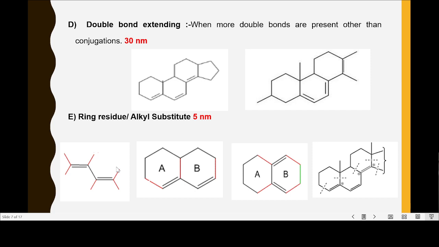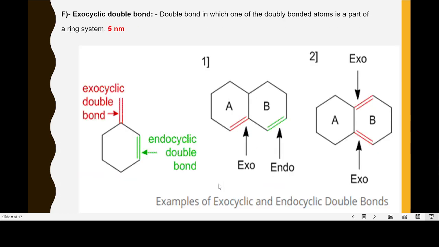For each alkyl substituent, 5 nanometer must be added. Coming to the second example, 2 rings are there and the 1,3 butadiene bonds are present in different rings. So the base value is 215 nanometer because it is a heteroannular diene. The ring residues will be this one and this one, so totally 3 ring residues are there.